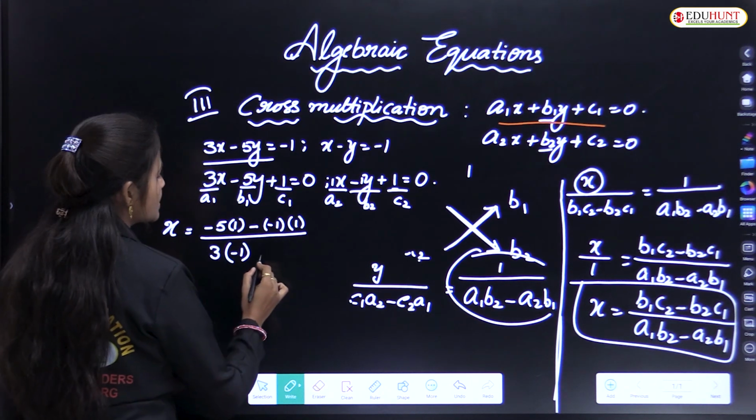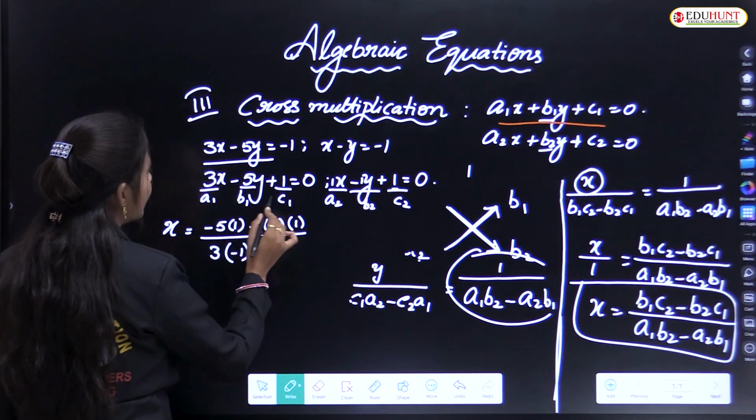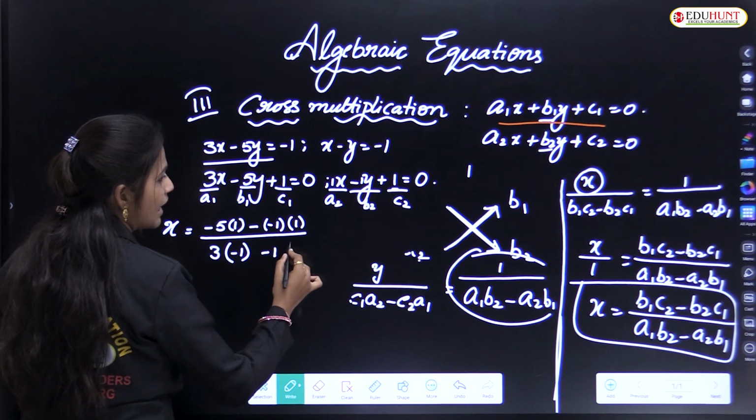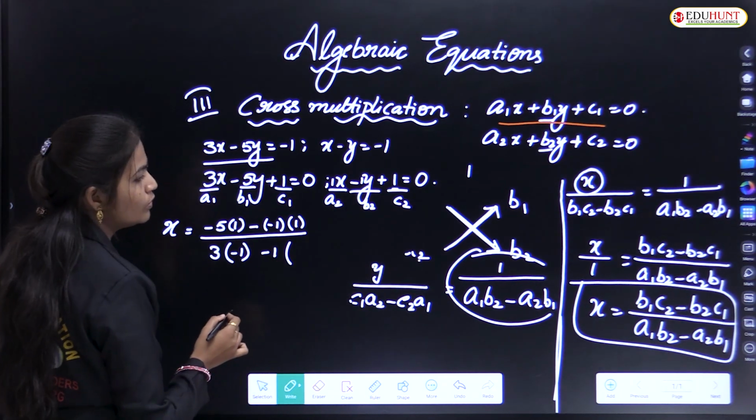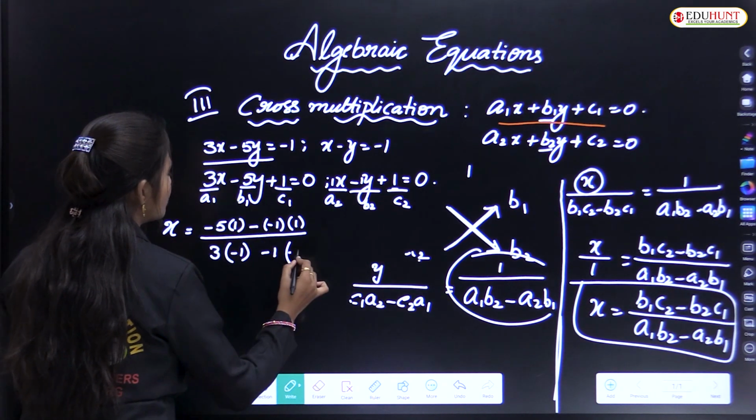Clear? Next, minus a2 is equal to 1 and here b1 is equal to, what is that? b1 is equal to minus 5.